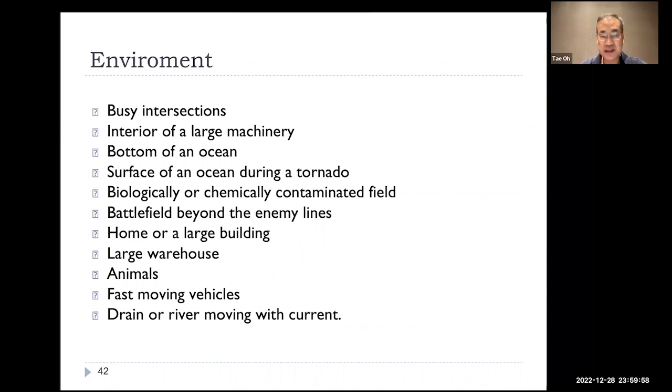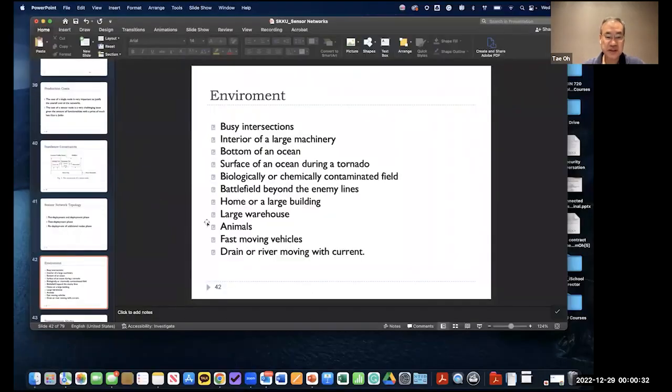Can the frequency travel through the water? All those things need to be considered. Okay. So surface of the ocean during a tornado, a biological or chemical contaminant field where nobody can get in. How are we going to detect and relay that information to the user? Battlefield behind the enemy line, home and large building, large warehouse, animal, fast-moving vehicle, and a river moving with the current. Okay, so those things need to be considered.